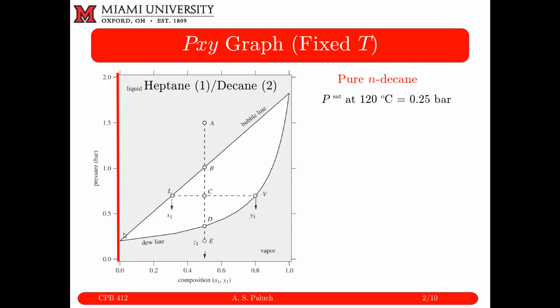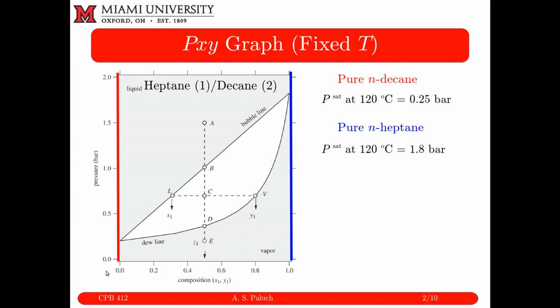So where my phase envelope hits my left axis, this would correspond to the bubble point of pure decane. And in the limit that x1 goes to 1, this would correspond to the bubble point or boiling point of pure heptane.